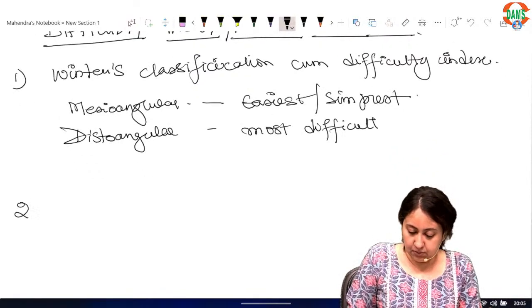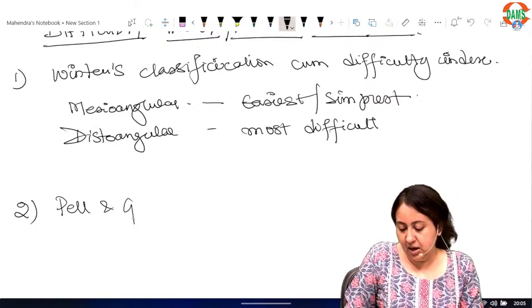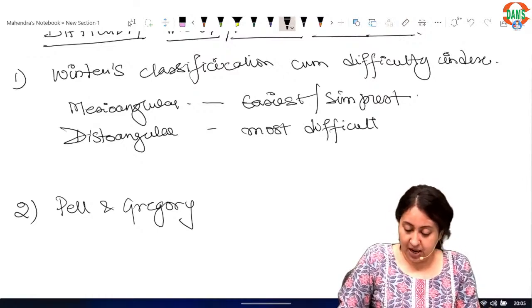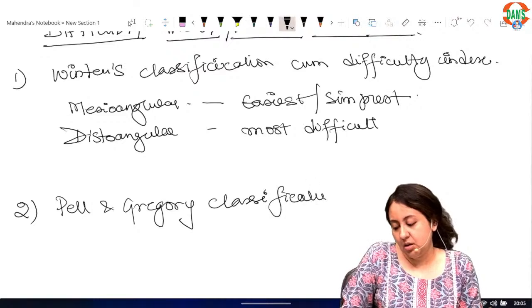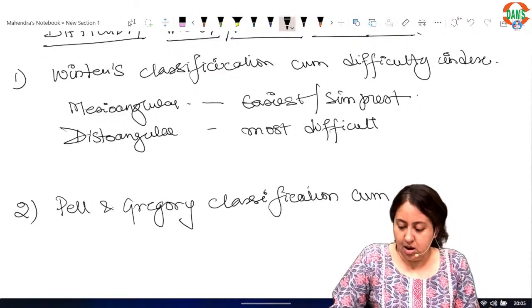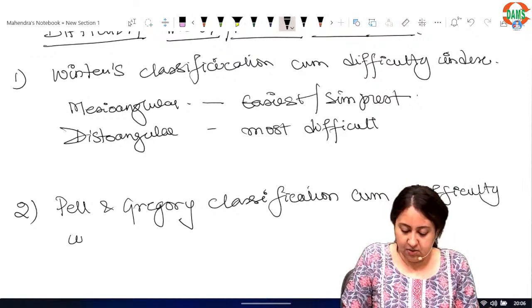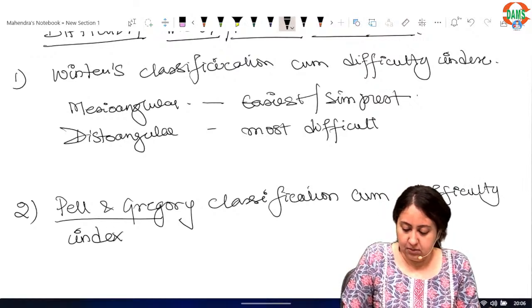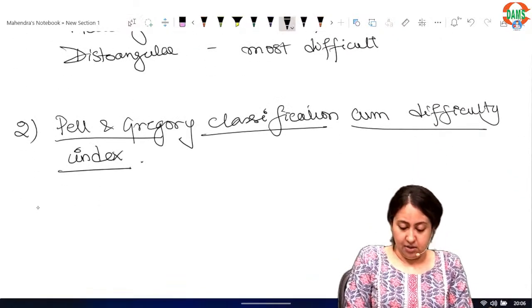Now the second one is Pell and Gregory. जो क्लासिफिकेशन अभी जस्ट पढ़ी थी, Pell and Gregory classification cum difficulty index. Now what all did we study in Pell and Gregory?